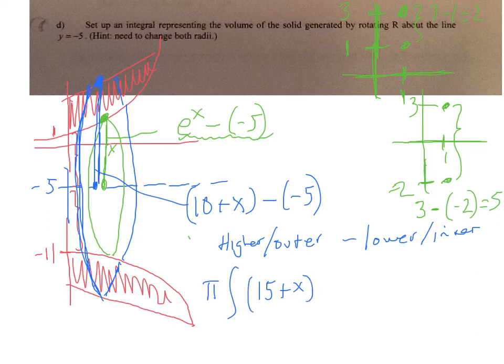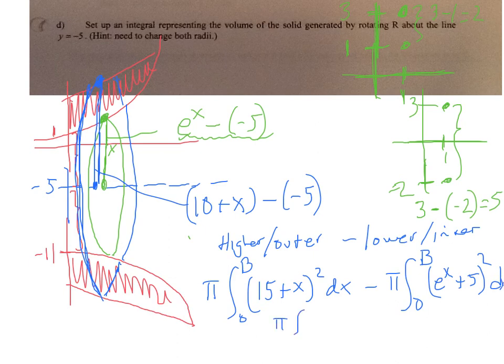My radius squared, pi r squared, dx, I'm still going from 0 to b, minus pi, 0 to b, of my inner curve, which would be e to the x plus 5, quantity squared, dx. Could also write it as pi, 0 to b.